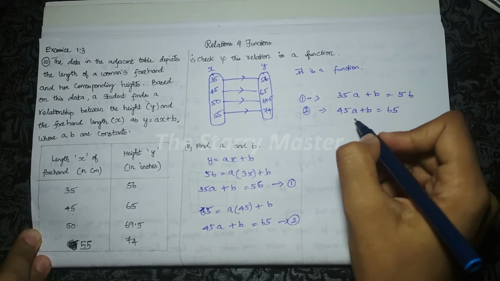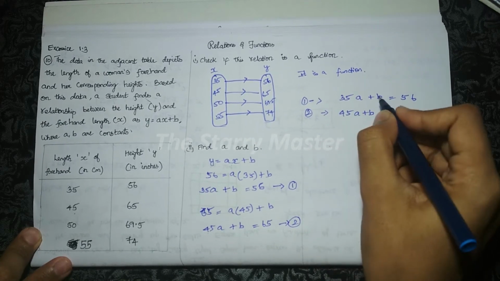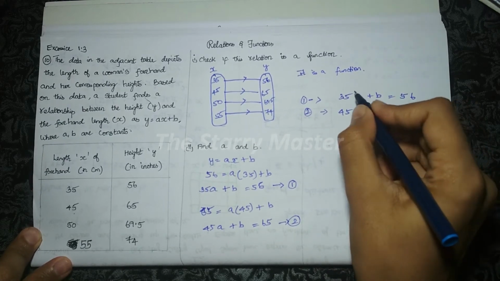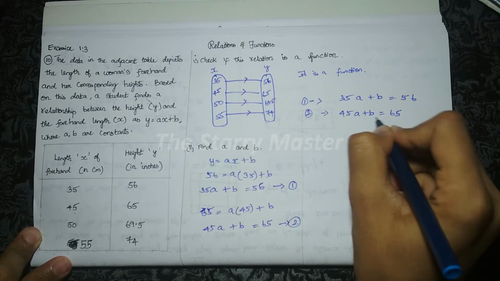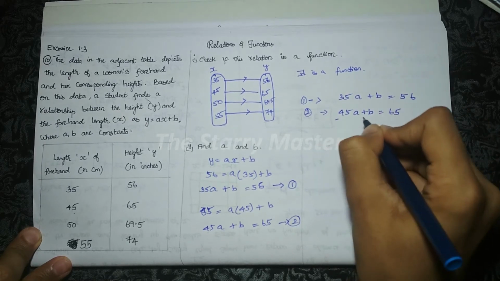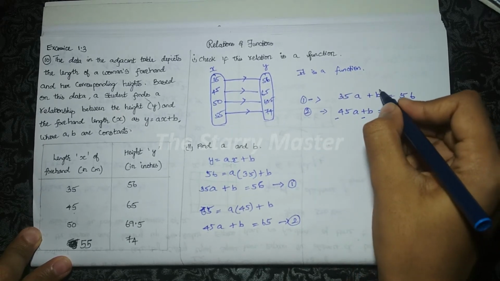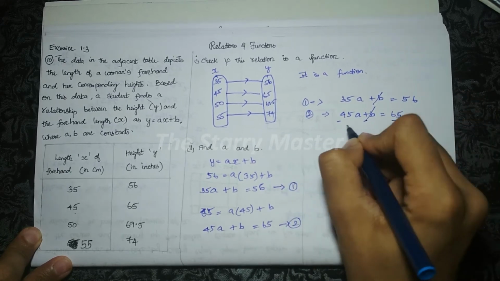Okay, so we need to remove b so we can find a. So we will change the signs of equation 1 to minus. So plus b minus b will be removed.